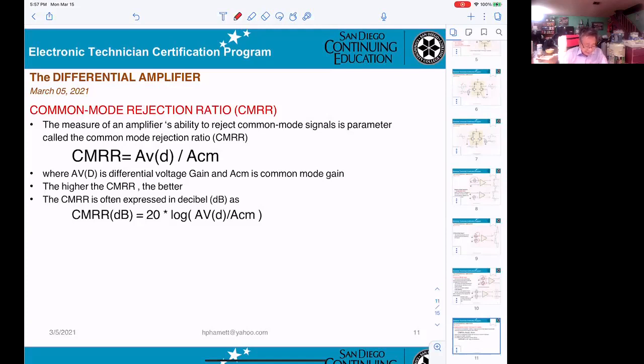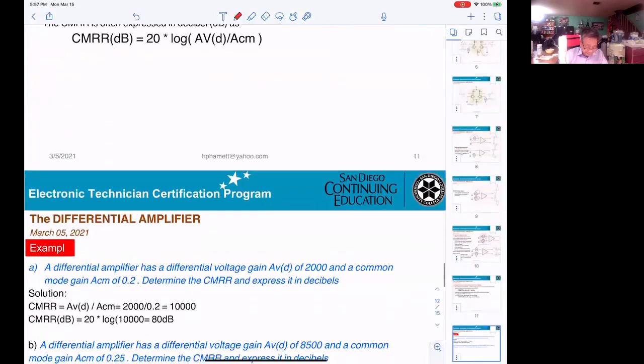The higher the CMRR, the better. The CMRR is often expressed in decibels, in dB. If you want to convert a common mode rejection ratio to decibels, apply the formula 20 times log of AVD divided by ACM.